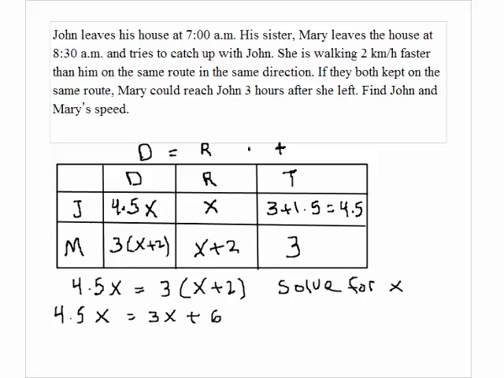In order to solve for x, we can subtract 3x from both sides of the equation. On the left-hand side, 4.5x minus 3x gives me 1.5x, which is equal to 6.